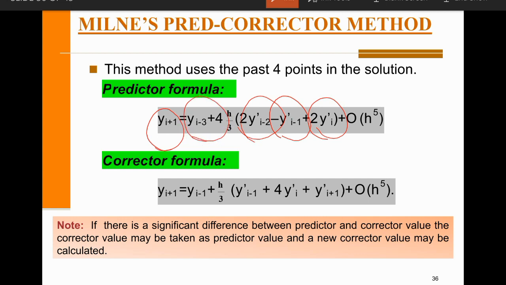So we take the previous 4 step values to evaluate yi plus 1, right? After finding this predicted value, we substitute it in the corrector formula to enhance the accuracy and make our result more accurate. That's why these multi-step methods work in two steps: one is prediction and another one is correction, right?